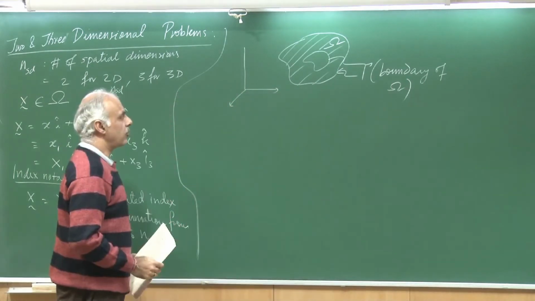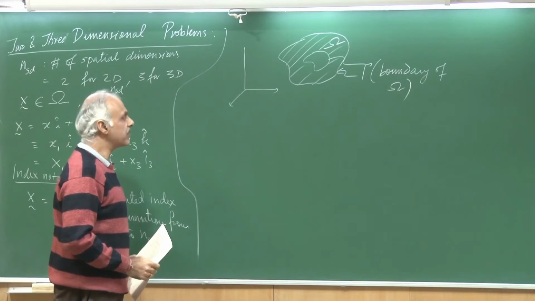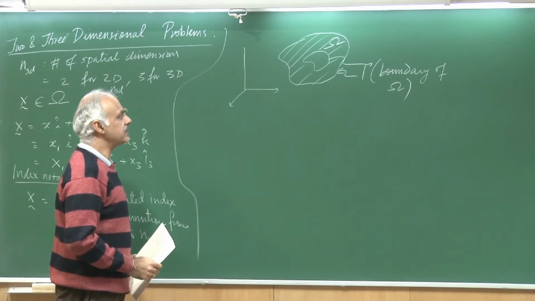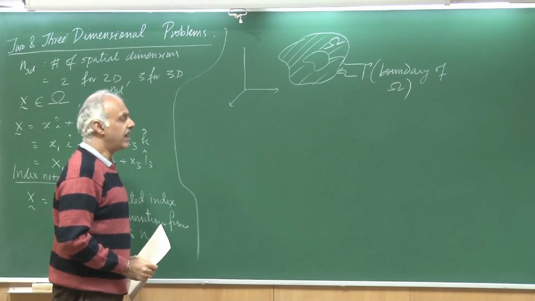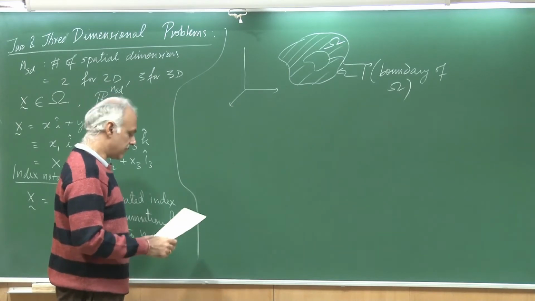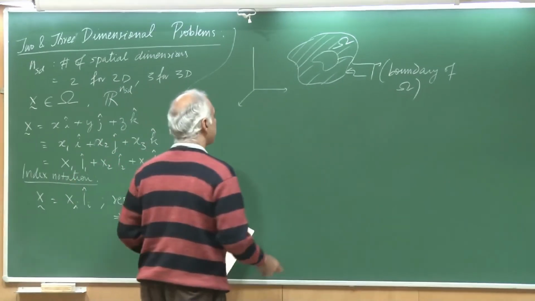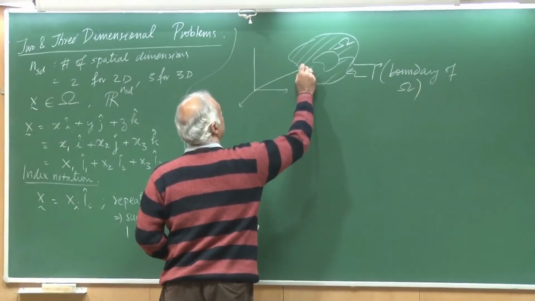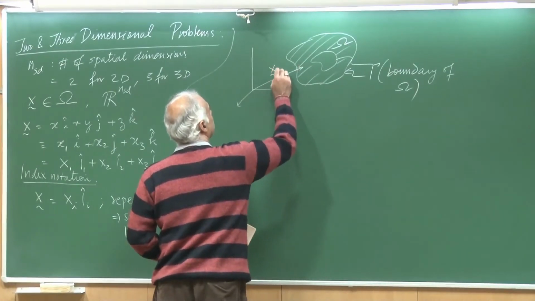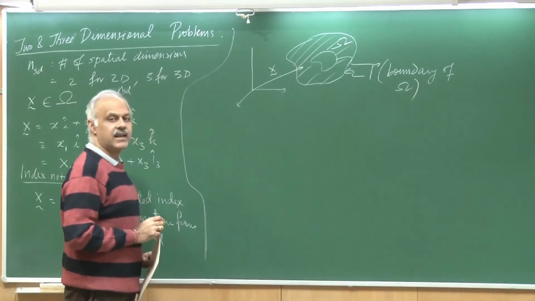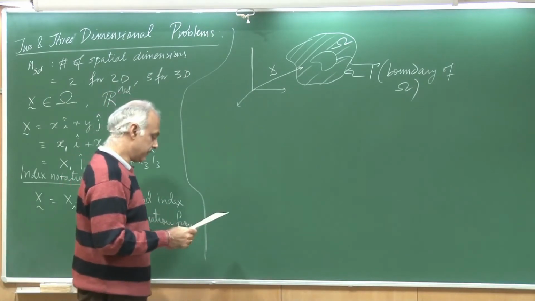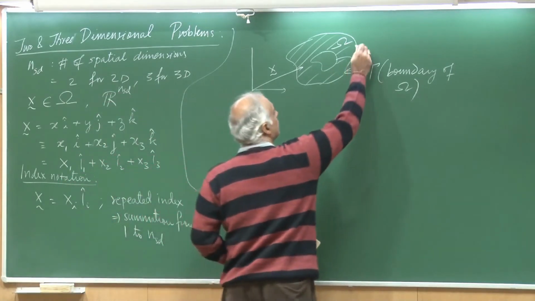Okay. So there is a domain omega, and it has a boundary, and there are points that lie on the boundary, and they point towards a certain normal. So in terms of the location, x could be a vector that lies on this domain omega. I can also draw a normal.